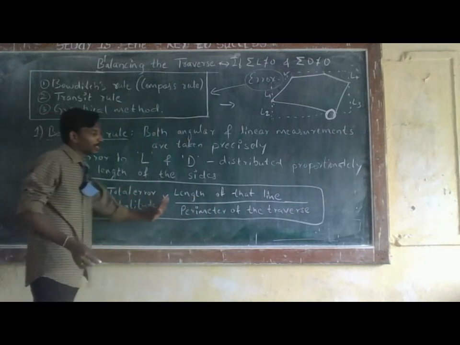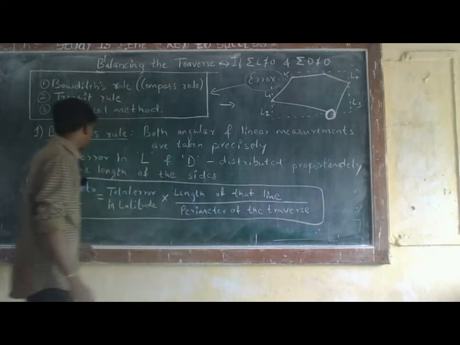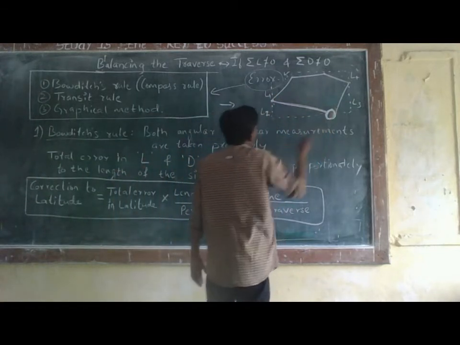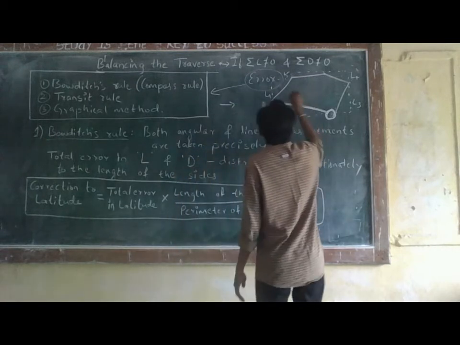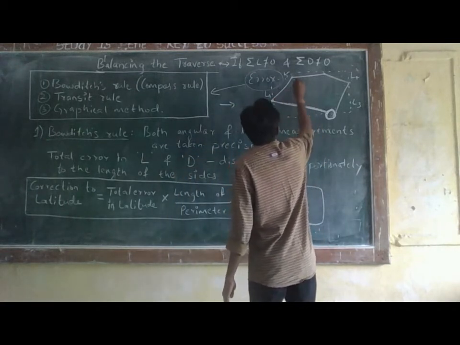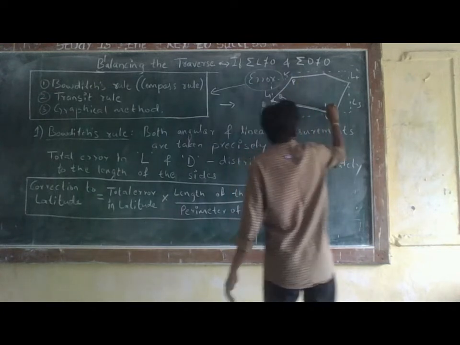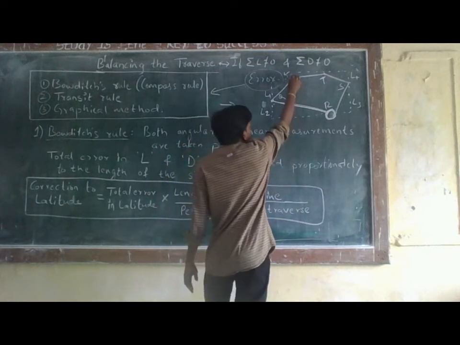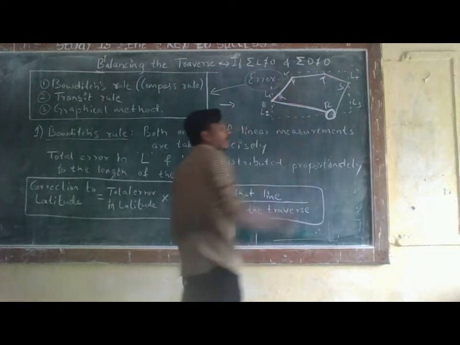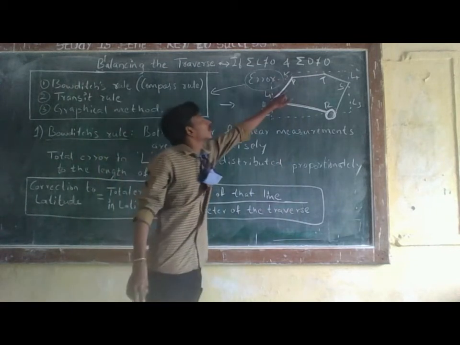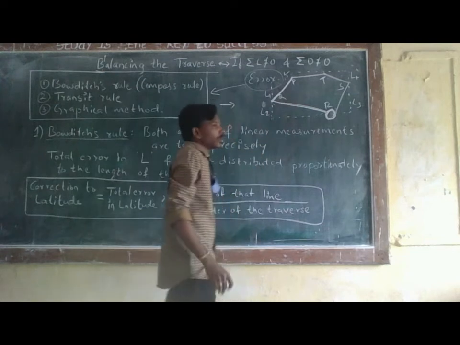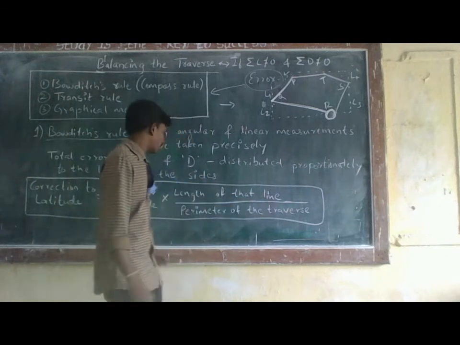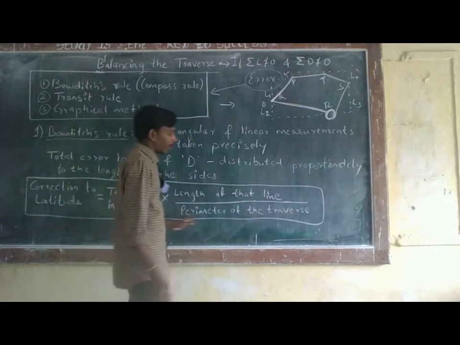That must be multiplied with the length of that line. Take this traverse as P, Q, R, S and T. If you are applying the balance to the line PQ, then you have to take the length of the line PQ itself, and in the denominator you have the perimeter of the traverse.